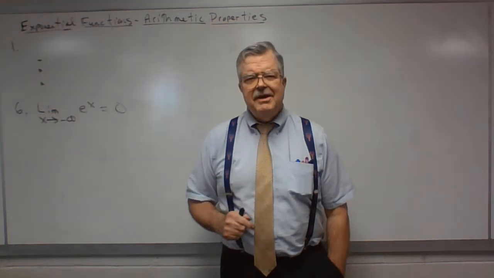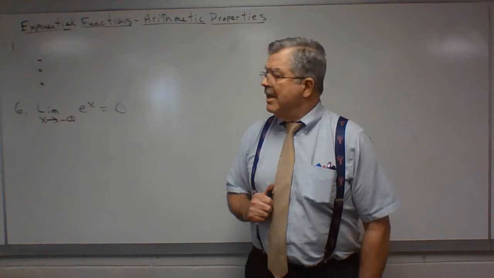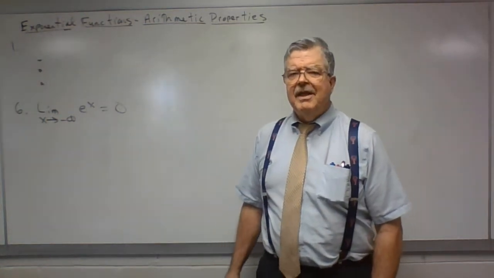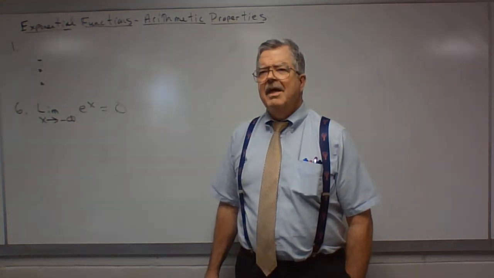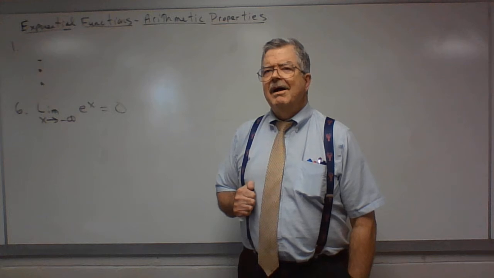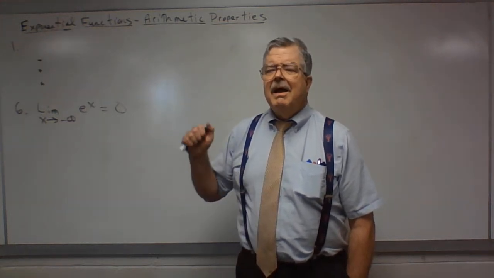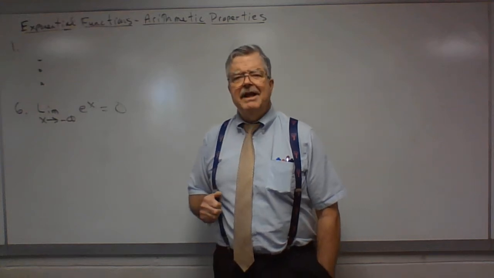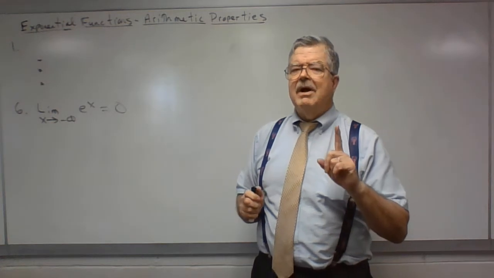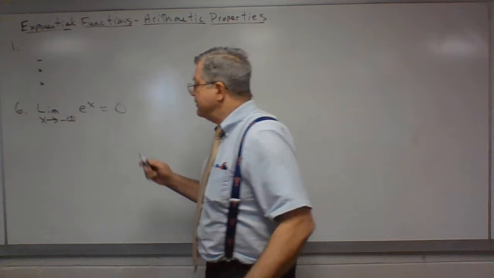I gave 6 arithmetic properties, and there is a 7th property. Maybe it's no big deal, and then again, maybe it is. I probably should have mentioned it anyway since this is new to us. And here's the property that I'd like you to go back and add to your lists, please.